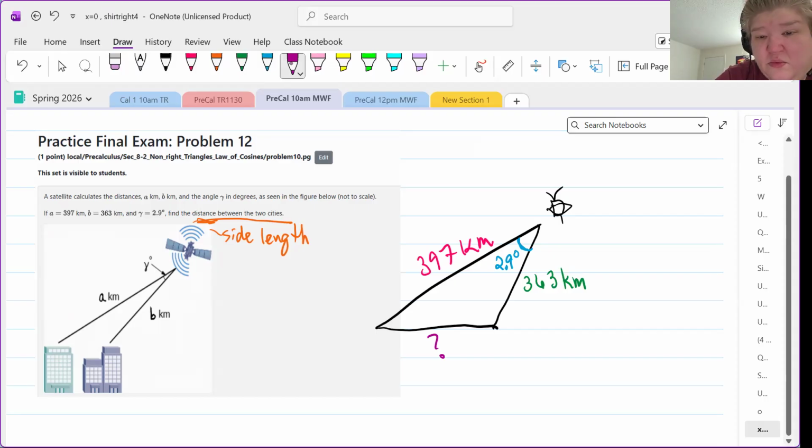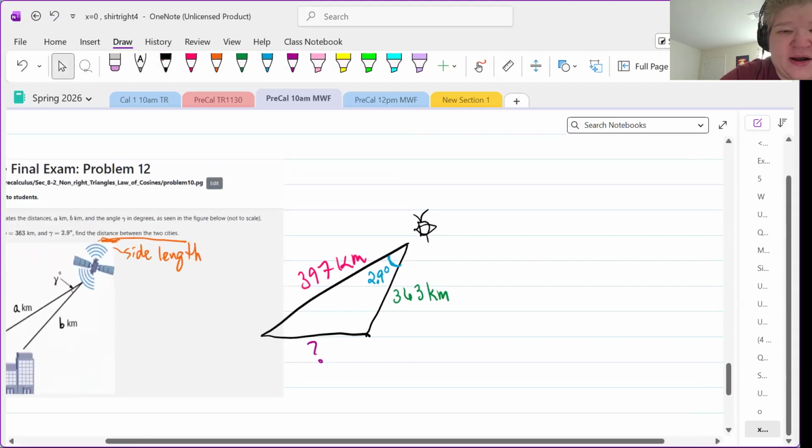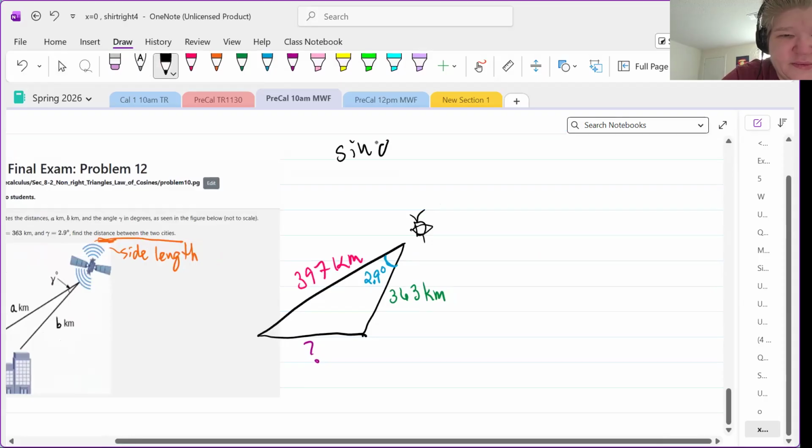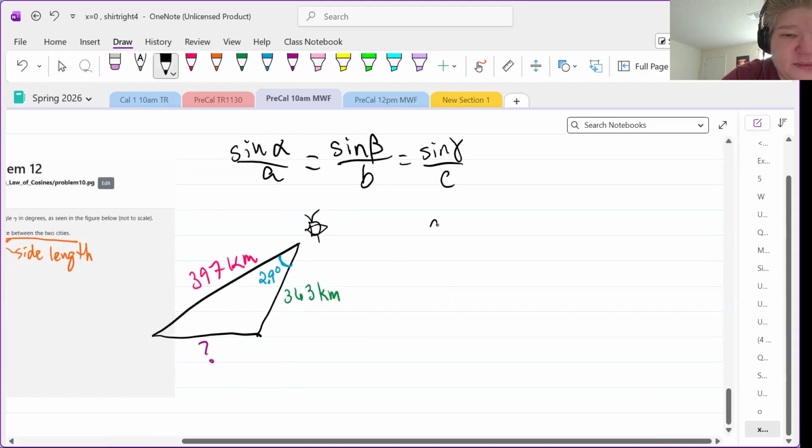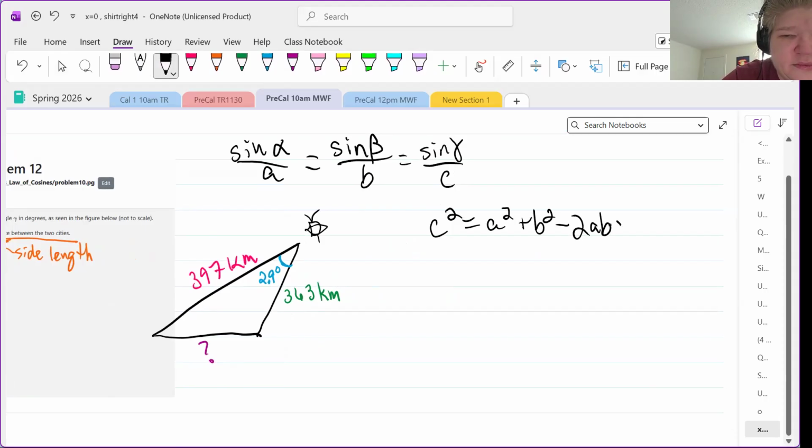All right, so when I have my triangle with the numbers and the angle filled in there, I see lots of information, I need to label things to use an appropriate formula. Now, the two formulas we have for this are the law of sines and the law of cosines.